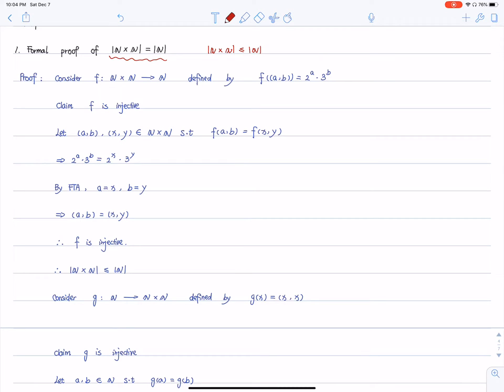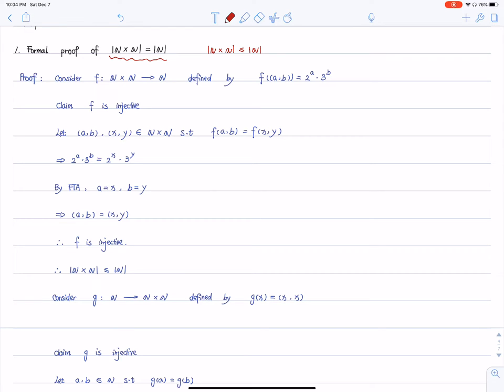I defined f from natural times natural to natural, defined by f of (a,b) equals 2 to the a times 3 to the b. Notice that 2 and 3 here, you can switch them to like 5, 7, any prime number would work. It doesn't have to be 2 and 3. It could be any prime number.